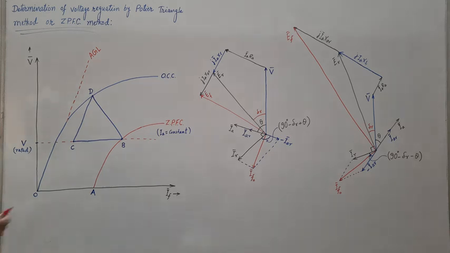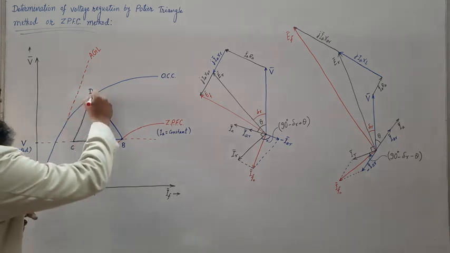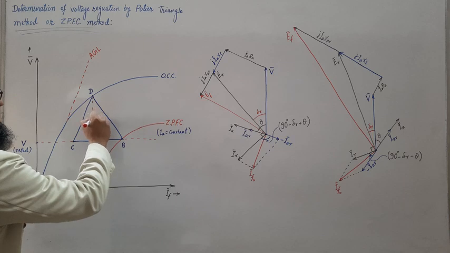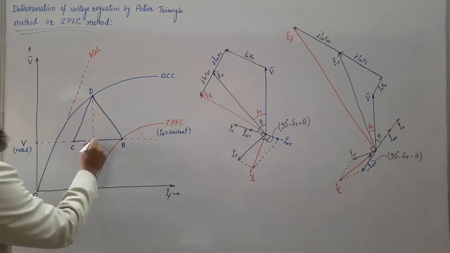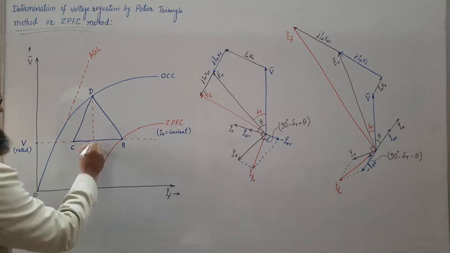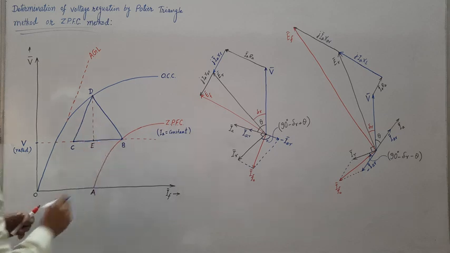Fine. Next, draw a perpendicular from D, and let us mark this point E.